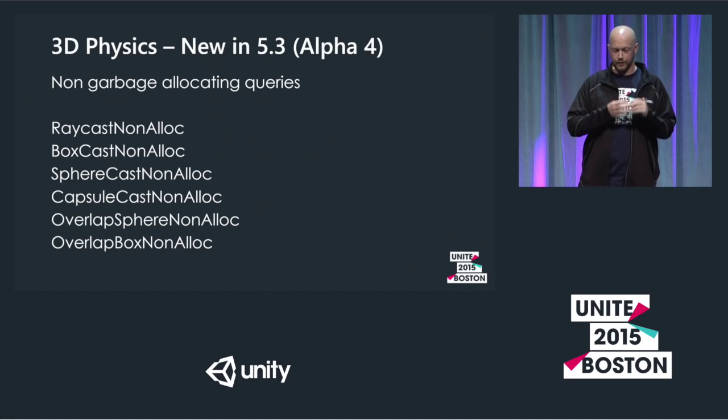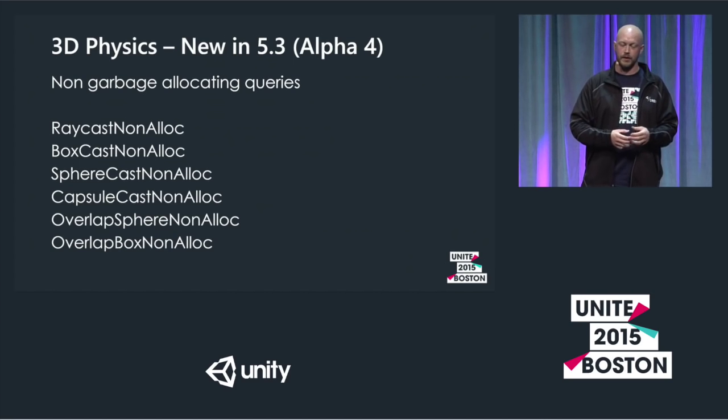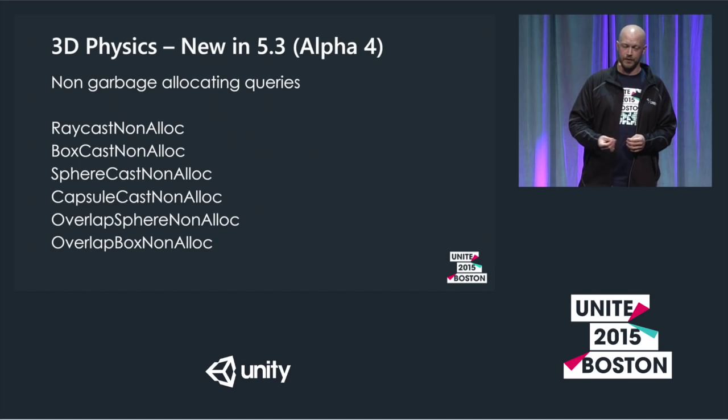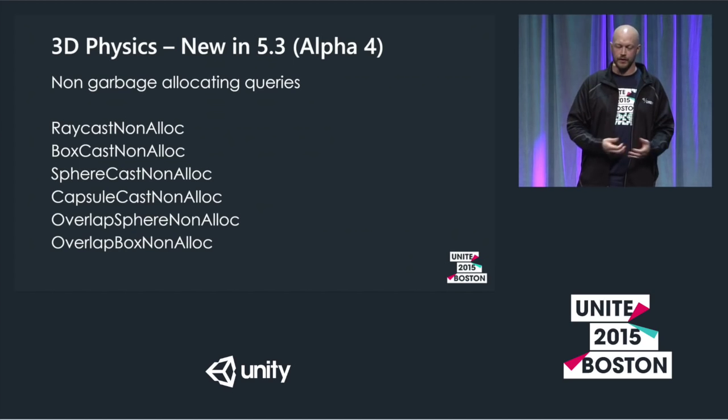So all the different raycasts and boxes and spheres, the boxes I just presented, they all have these non-alloc functions, and it works the same way as with the 2D physics: you prepare a buffer with all the results, and then we write into that buffer, and we bypass the whole garbage allocation system.